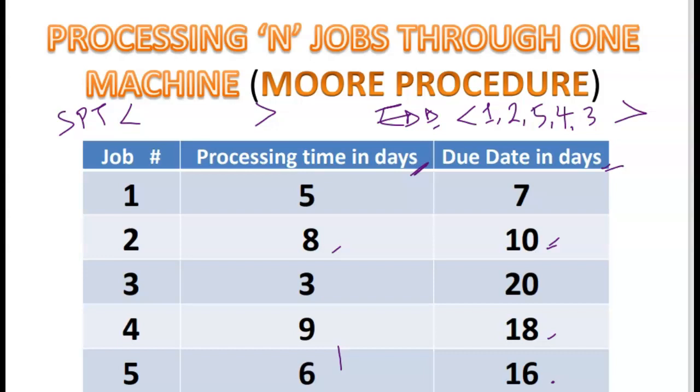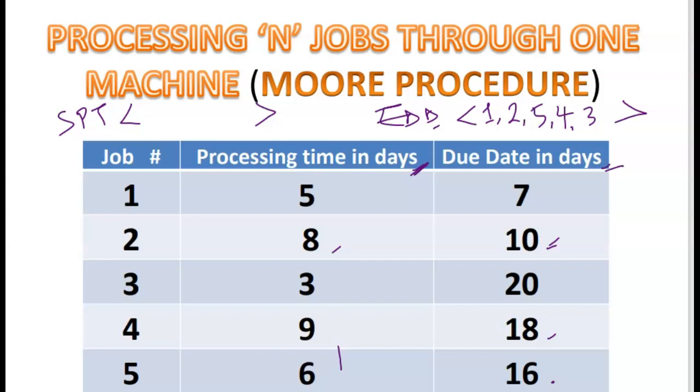For every other priority, whether it's SPT, LPT, first in system first served, or first in shop first served, we use the processing time to determine the order in which we are going to do the jobs. With EDD, we only use the due date to determine the sequence, as we have done here.